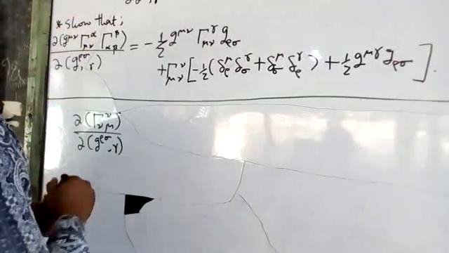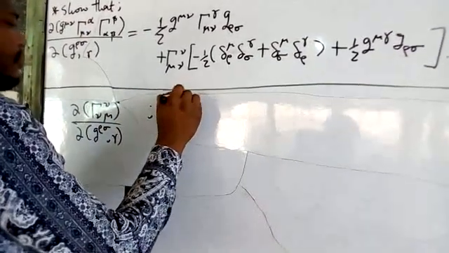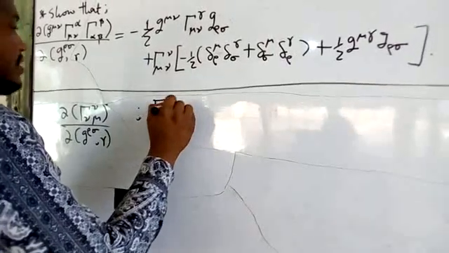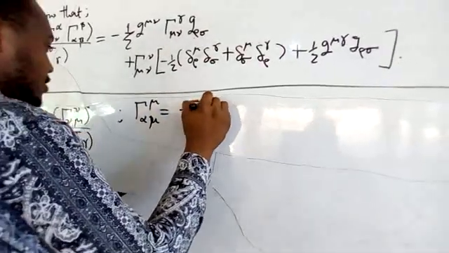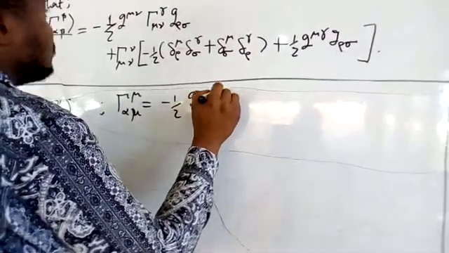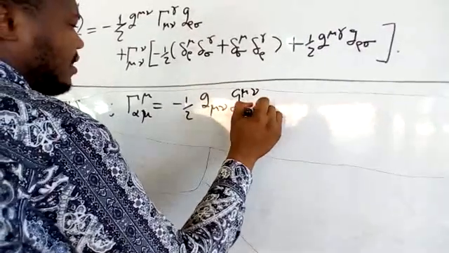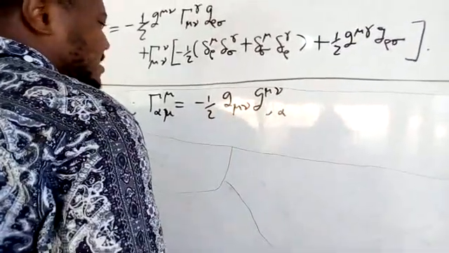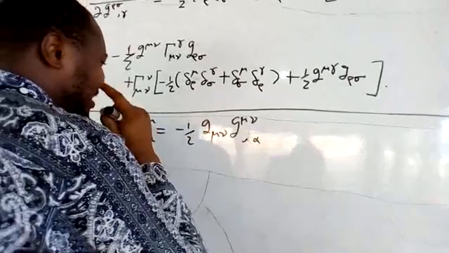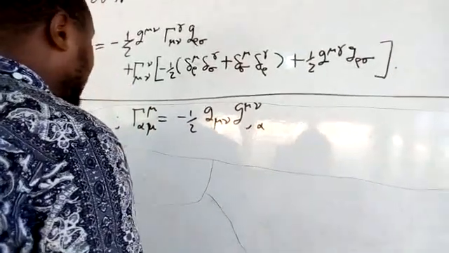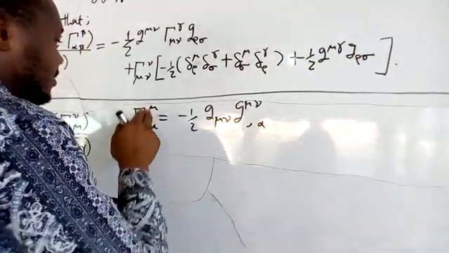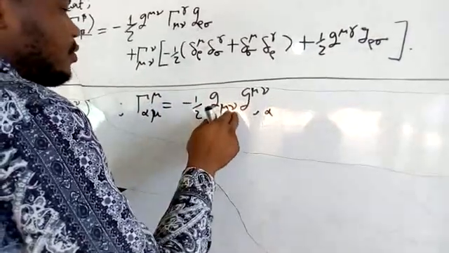I was given here that Γ^μ_{αμ} is the same thing as minus 1 over 2 g^{μν} g_{μν,α}. Well, I don't see why this should have been up actually. But it doesn't matter because even ν here is also contracted. μ and ν are also contracted.